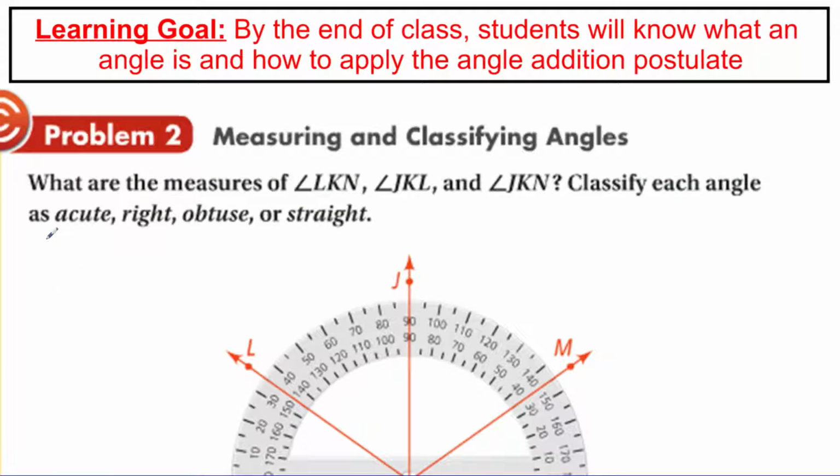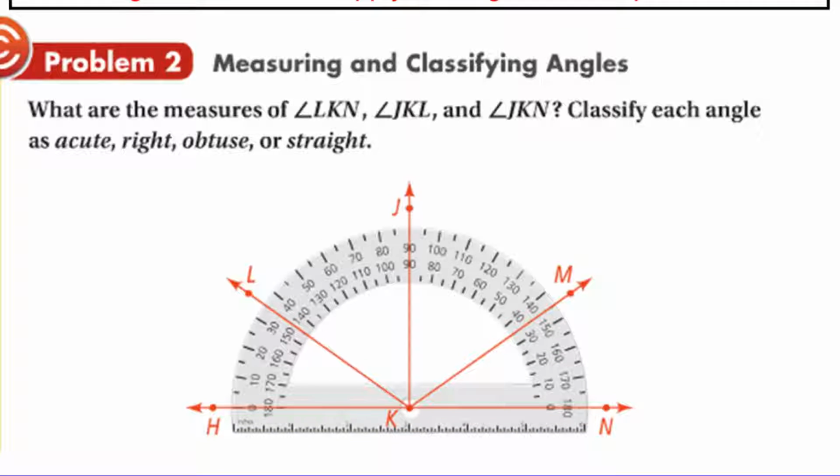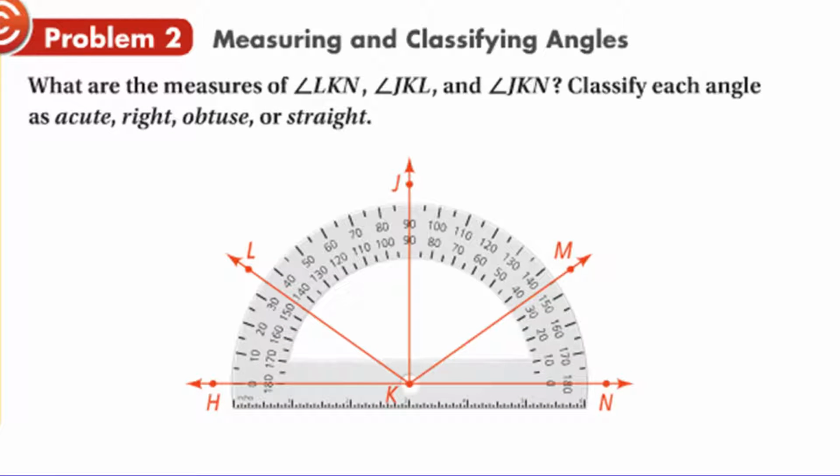Okay, so let's take a look at a couple of quick protractor postulate problems, and as we do these measurements, we're also going to classify them as either acute, right, obtuse, or straight. Okay, so let's look at the measure of angle LKN. So again, let's look at the naming. This says start at L, go along the ray until you get to the vertex K. So let me grab my highlighter, that'll look a little nicer.